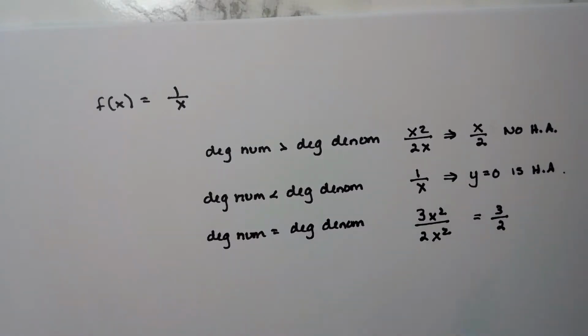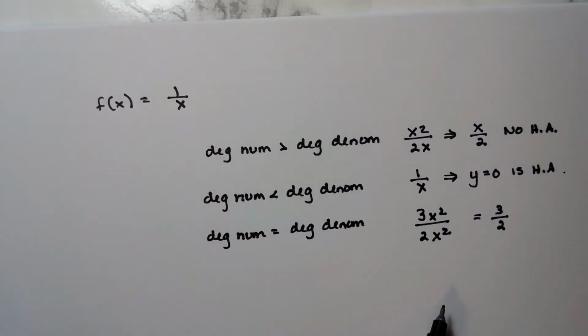The highest degree in the numerator has a leading coefficient of 3, and the highest degree in the denominator has its own leading coefficient downstairs. So when the degree of the numerator equals the degree of the denominator, the horizontal asymptote is just the ratio of the leading coefficients.